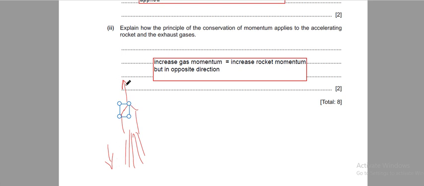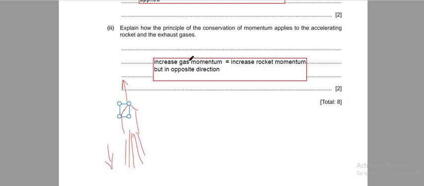So the rocket accelerates upward and its increase in momentum is upward, and the exhausted gases accelerate downward and their increase in momentum is downward. Although the two increases are equal, to maintain conservation of momentum their directions should be opposite to have a total change of 0.